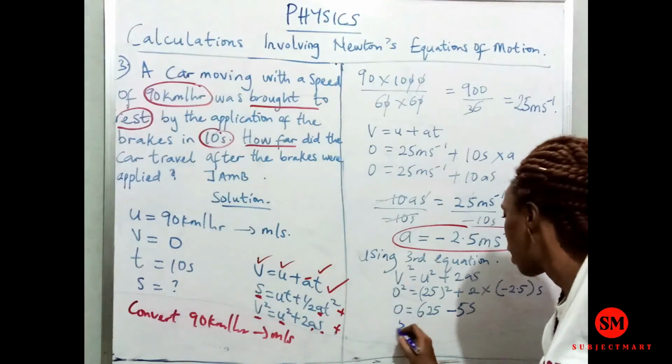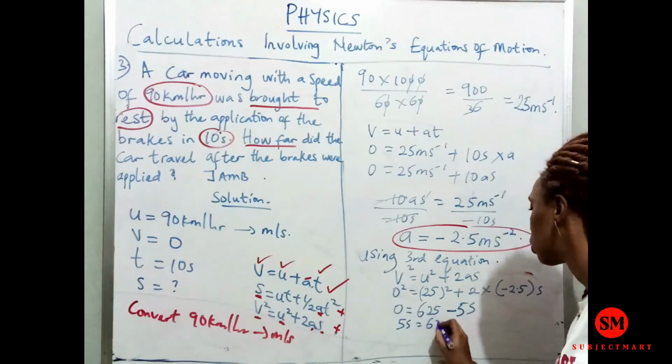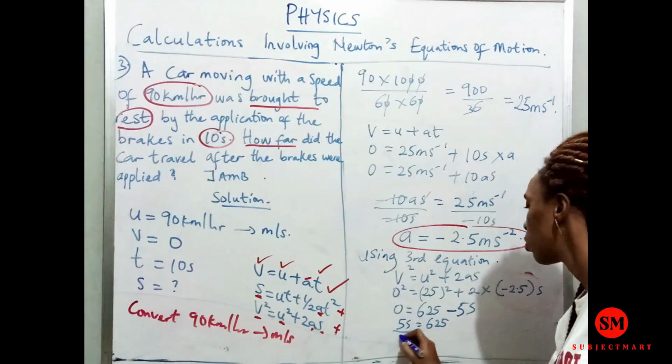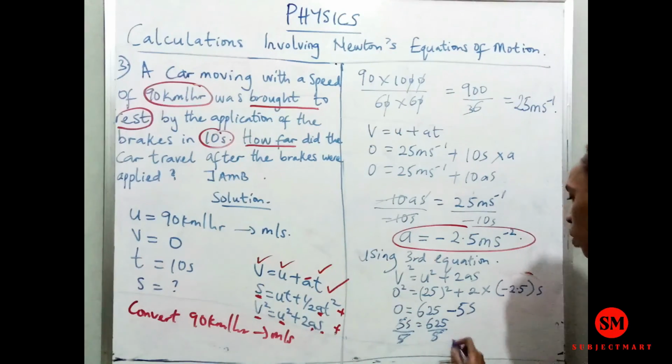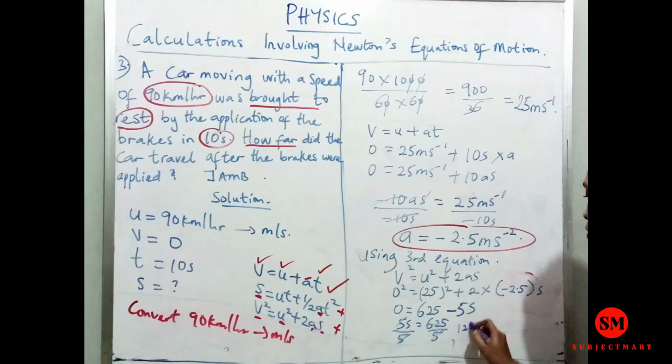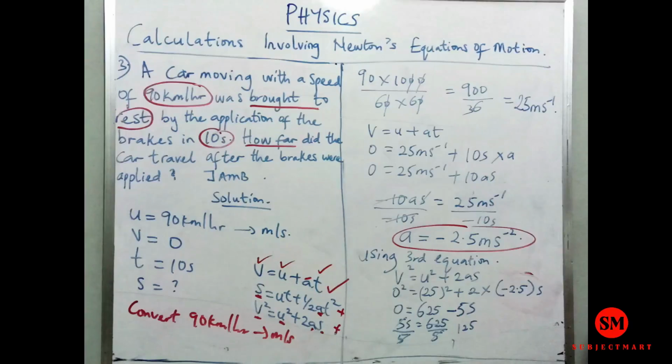So from here I have 5s equals 625. Divide both sides by 5. 5 over 5 is 1, 625 over 5 is 125. Therefore, our s is equal to 125 meters, which is the distance.